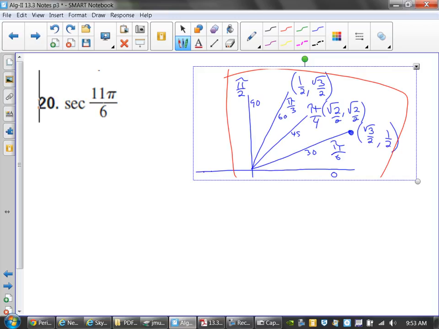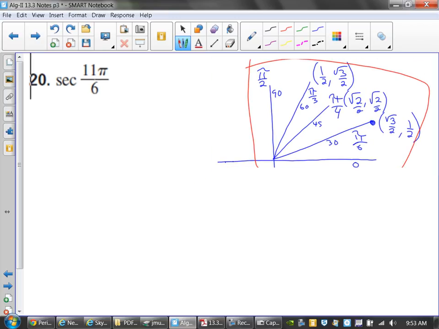Secant, what's the inverse for secant? Cosine. Again, when we're working with 11 pi over 6, first thing we're going to do is place it. It is almost 2 pi, isn't it? Your reference angle is pi over 6.